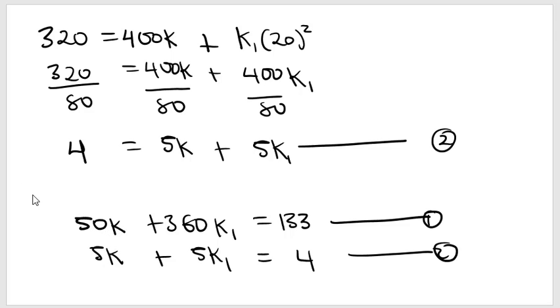I have to make sure that the coefficients of k in the two equations are the same. Now this side is 50 and this side is 5. For me to make sure that they are the same, I can multiply the whole of equation 2 by 10. If I do that, the coefficient of k is going to become 50. Then I can eliminate k.